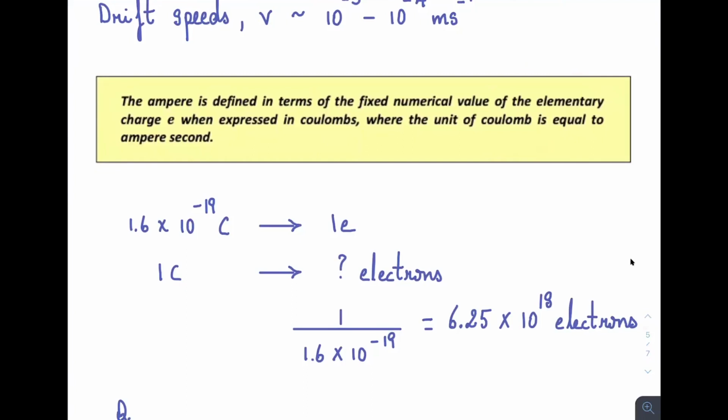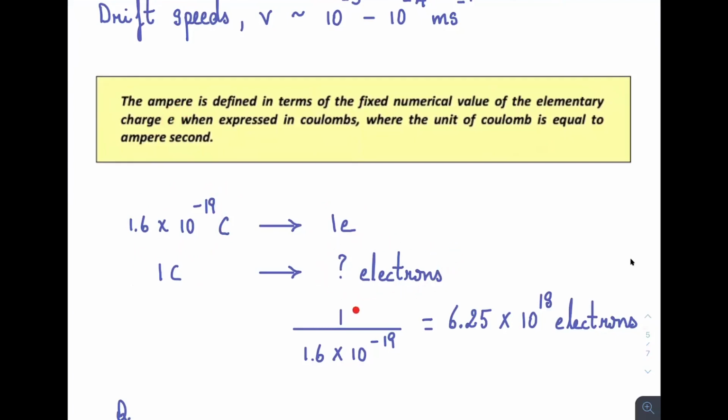And what do we mean by 1 coulomb of charge? If 1 electron has this amount of charge, 1.6 times 10 to the minus 19 coulombs, this is the constant which we refer to as e, then 1 coulomb of charge will have how many electrons?